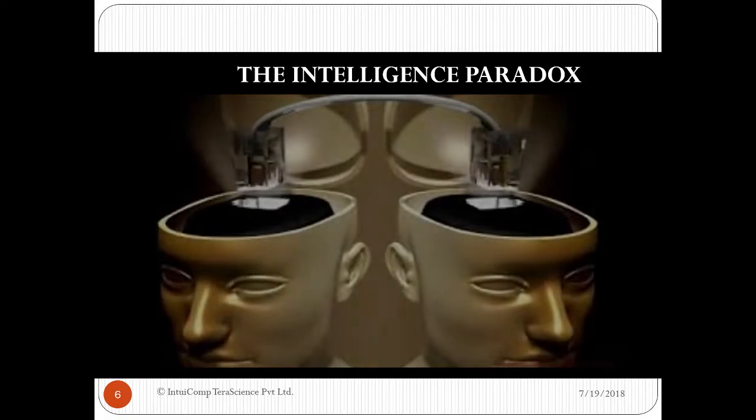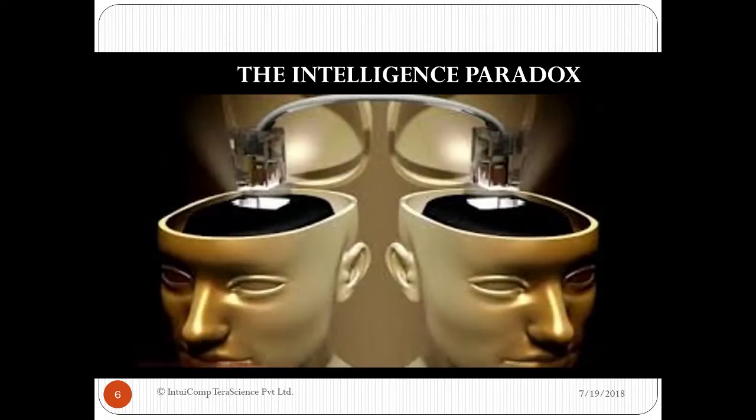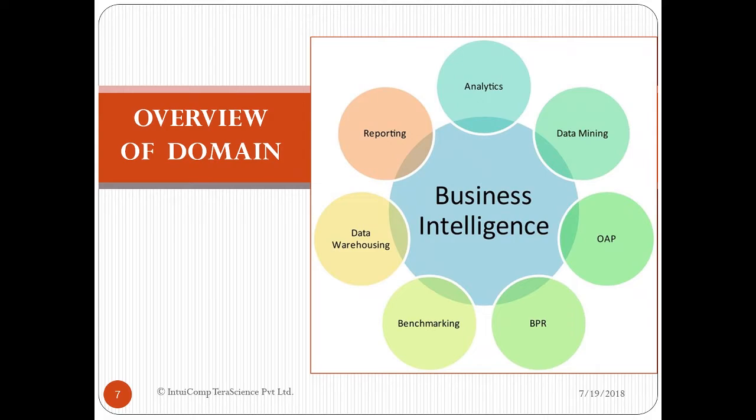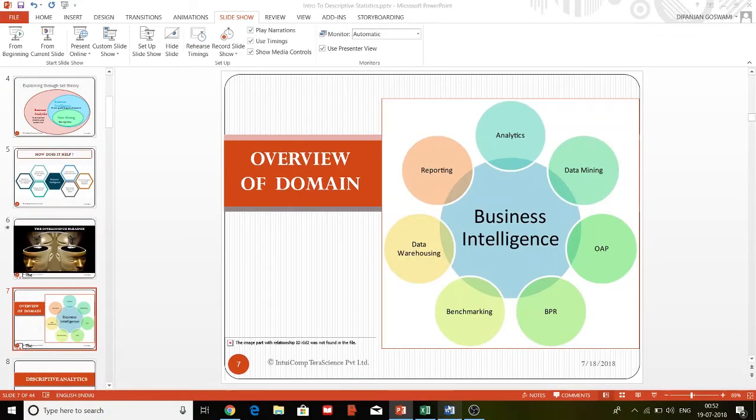So in the overview of the domain, through this intelligence paradox, we come into play with business intelligence. It will comprise analytics, reporting, data warehousing, benchmarking, BPR, that is business process reengineering, OLAP, online analytical processing, and data mining.